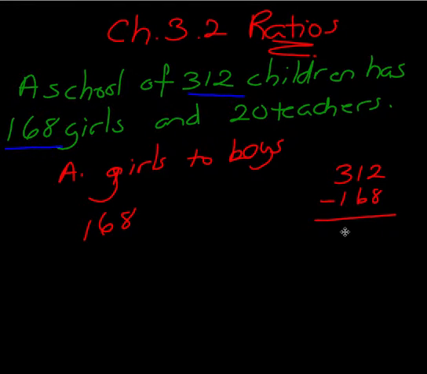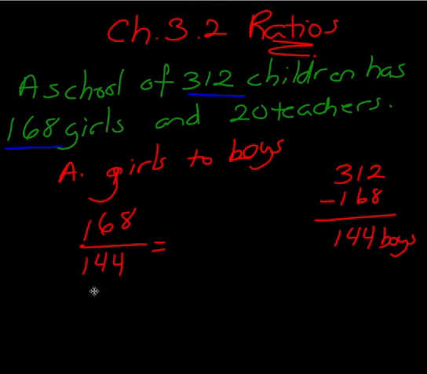Okay, what'd you get? You should have gotten the number 144. All right, so that means there are 144 boys. So now I have my ratio, 168 to 144. Now, of course, I need to take this ratio, which is very large in terms of its numbers, and I need to reduce it.